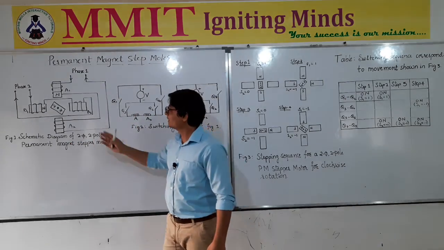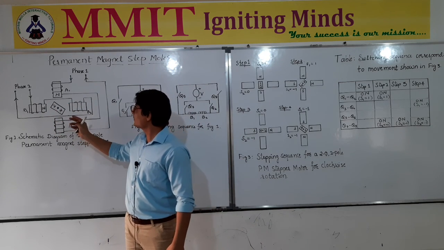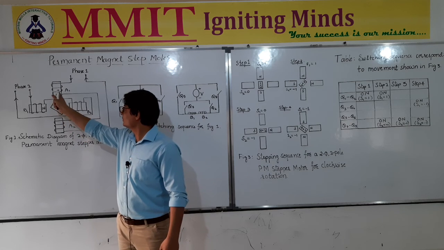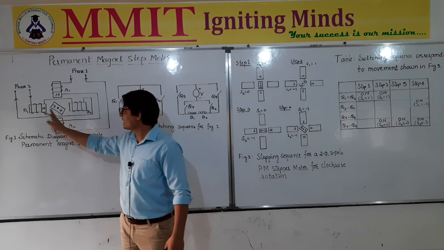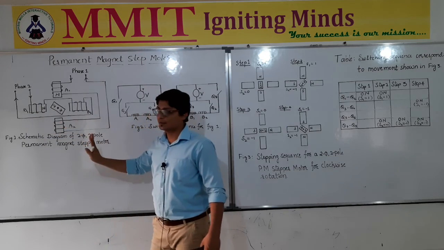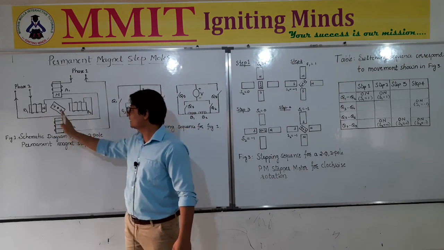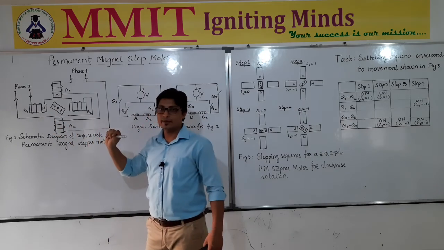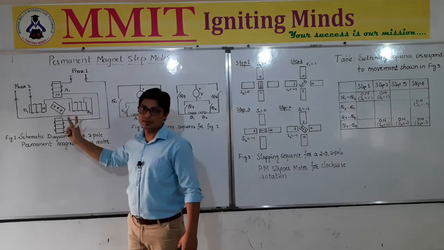Now here is the construction of the stepper motor. Basically there are two sets of coils here. A1 and A2 is one coil, and B1 and B2 is the second coil, or the two windings. A1 A2 makes one winding, B1 and B2 makes the second winding. Therefore two phase indicates two sets of windings.